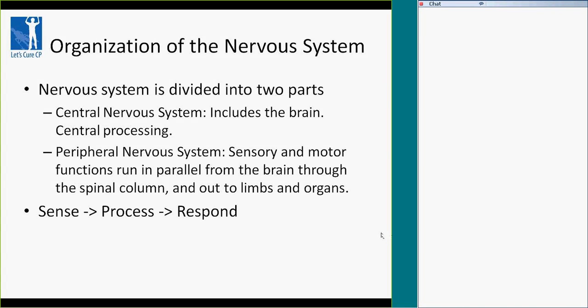They relay messages to the brain, which processes them, and usually that response is, in our case, a motor neuron response. So then an impulse travels down from the motor cortex of the brain to the motor neuron. So it's a sense, process, response system. That's how it's designed. Let's go to the next slide, please.